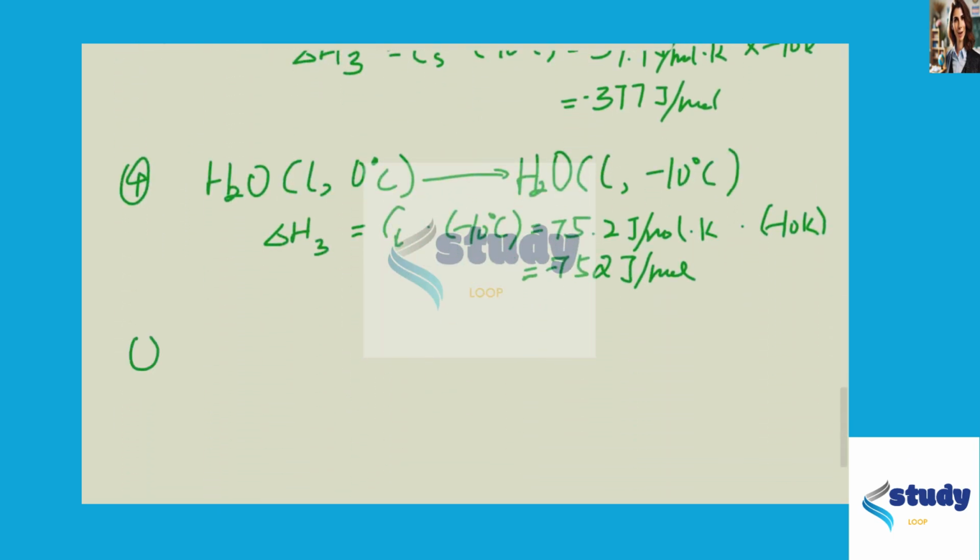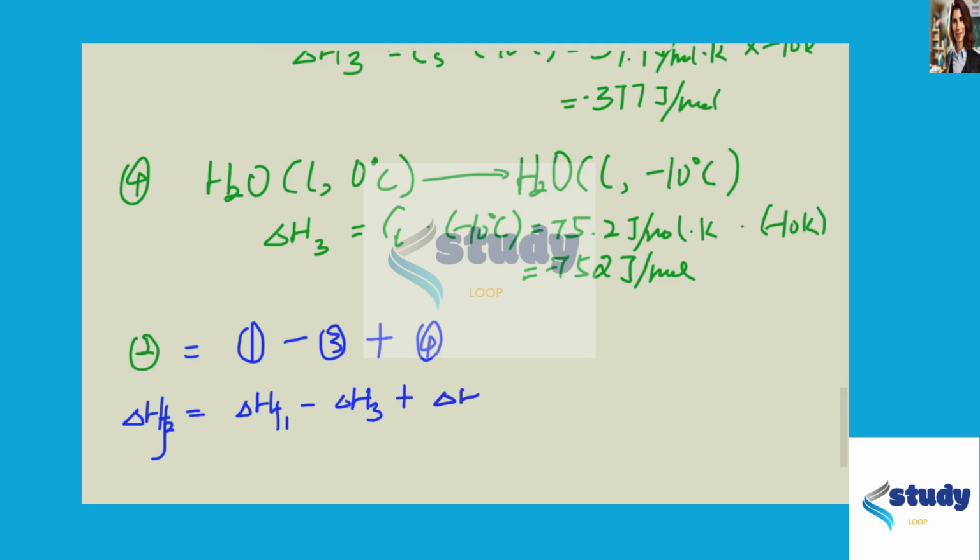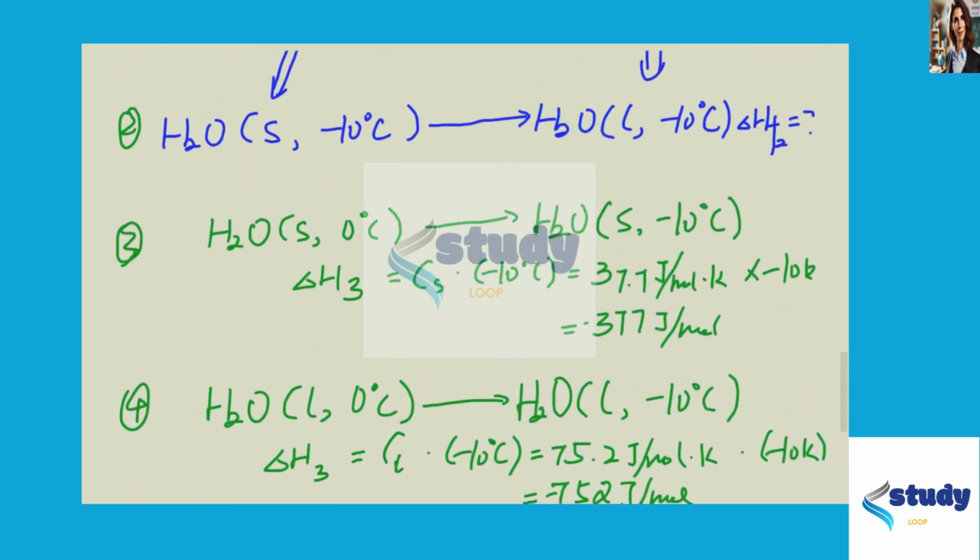So equation 2, which is what we want, equals equation 1 minus equation 3 plus equation 4. So delta H_f2 is simply equal to delta H_f1 minus delta H3 plus delta H4. So what I need to do is just plug in the numbers here.